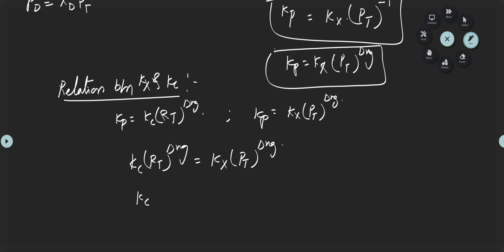So Kc is equal to, or you can take Kc by Kx is equal to PT power delta Ng by RT power delta Ng.